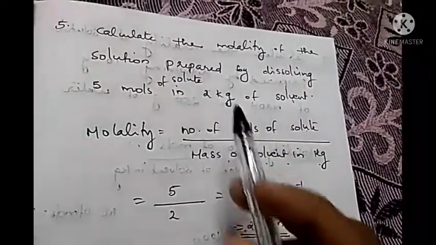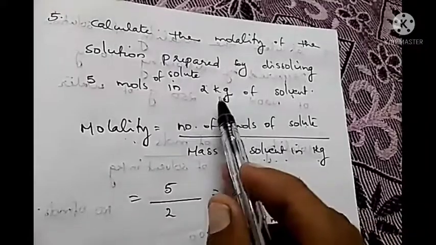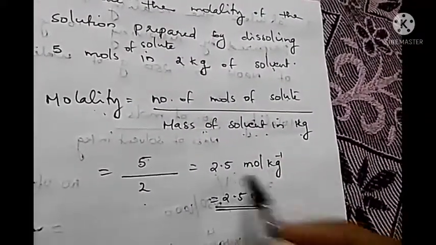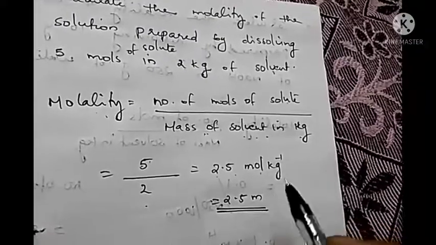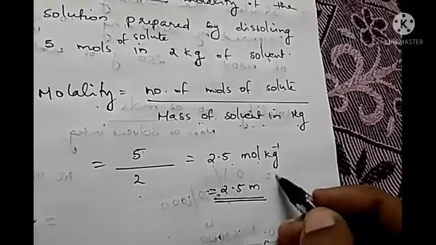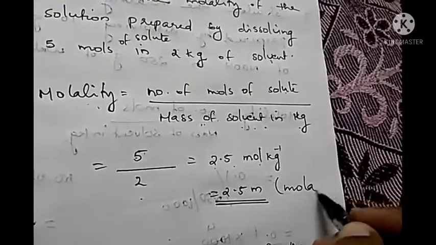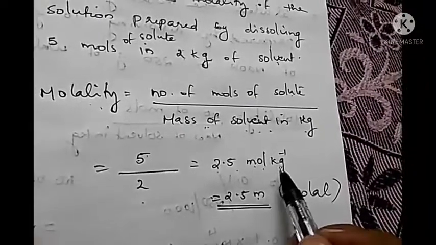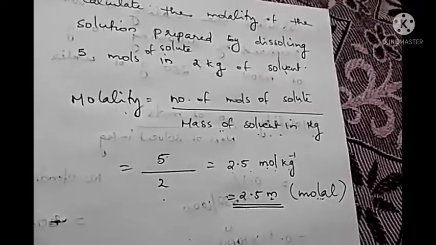So we can write 5 divided by the mass of solvent in kilogram, that is given as 2. So 5 divided by 2 is equal to 2.5 mole per kilogram, or it is also known as molal, represented by small letter m. So either we can write mole per kilogram or we can write small letter m to represent molal. Clear that? That is the unit of molality.